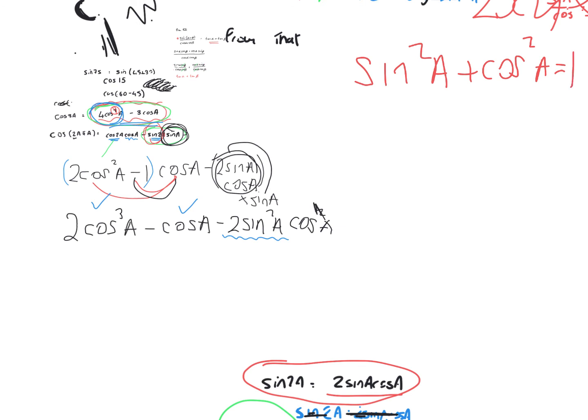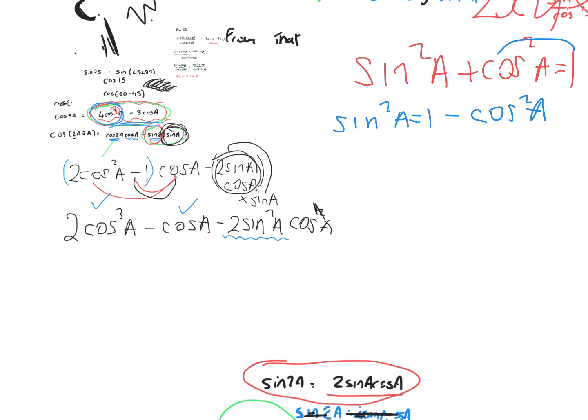Now what I can do then is say that sine squared A can be written as 1 minus cos squared A. And I'm going to do that here. So I'm going to write this line down again, but make that swap.